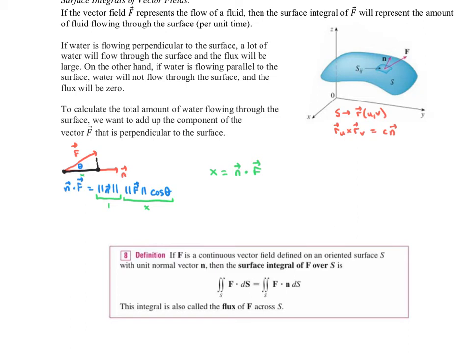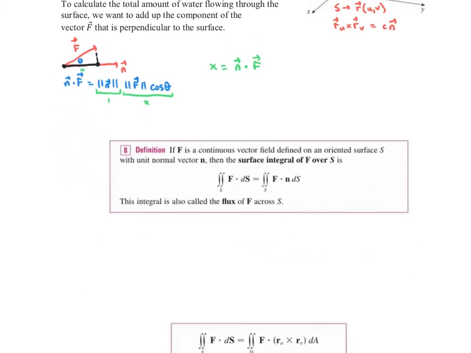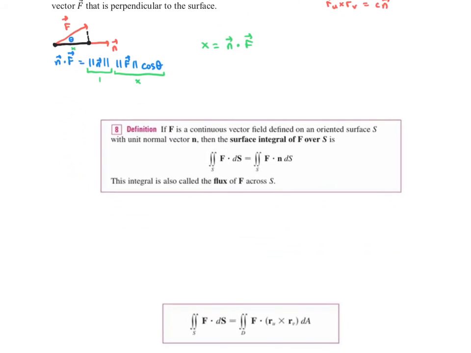Now, based on what we have done in the beginning portions of this section, calculating this type of integral is a little bit tricky. We don't really want it to be dS. We want a double integral with dA, for instance, because we want to be able to calculate this based on, let's say, x or y, or some other set of variables, like r of u, v. We want to do this in terms of something we're familiar with.